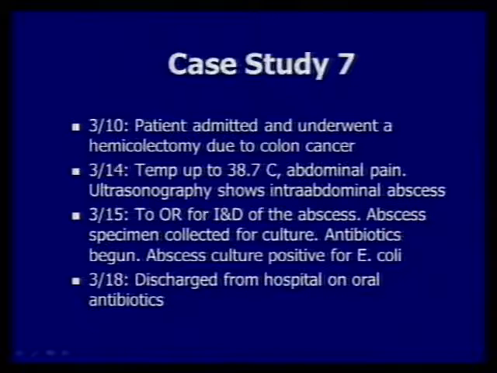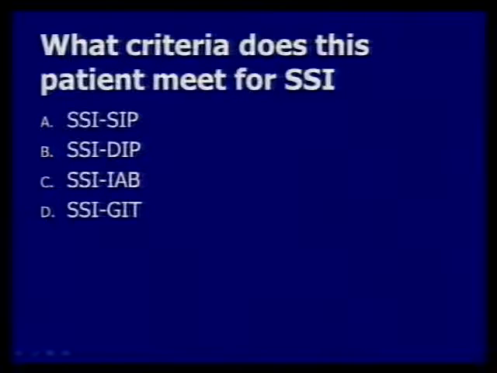And then 3 or 4 days later, they're able to be discharged home. So what do we think he has, or she? Do they have a surgical site infection that's superficial incisional primary, a deep incisional primary, an intra-abdominal, or a GIT, which is the gastrointestinal tract?